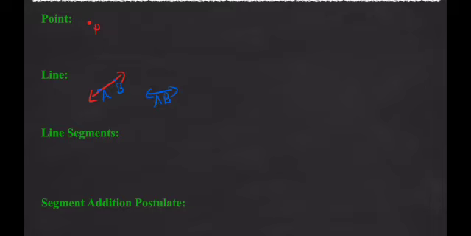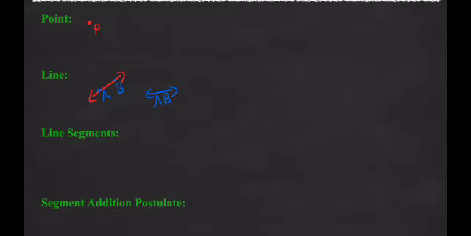Line segments. These are similar to lines, except lines go on forever in either direction. Remember, lines are one-dimensional. They go on forever in that one dimension. Line segments actually have length. They have a measurement.